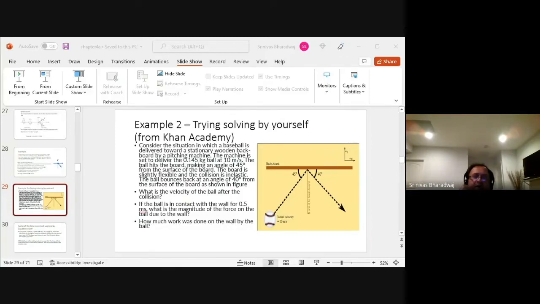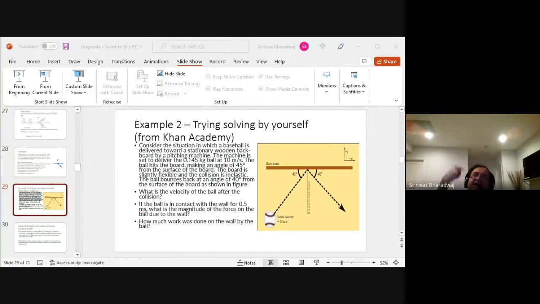Now, if the ball is in contact with the wall for 0.5 milliseconds, once you have calculated V, then you can calculate the vertical component. V sine 40 will give you the vertical component. So 10 sine 45 minus V sine 40 is the change in the momentum of the ball.